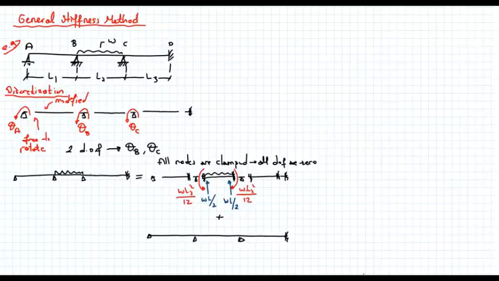Here we are saying that node B will deform in such a way that it will generate a moment in this form, the same moment but in the opposite direction, W L2 square over 12, and I have the same moment here.